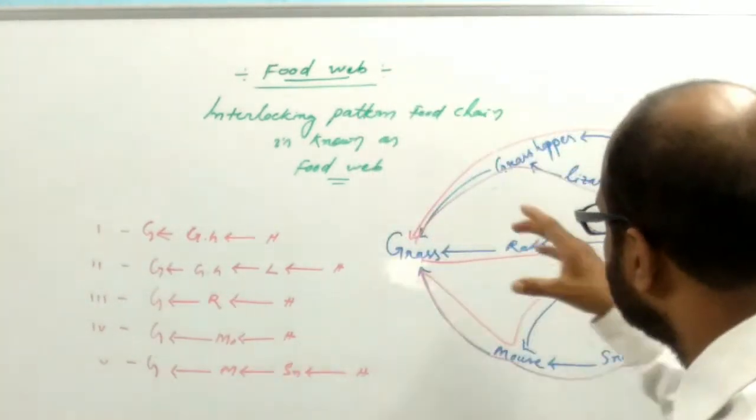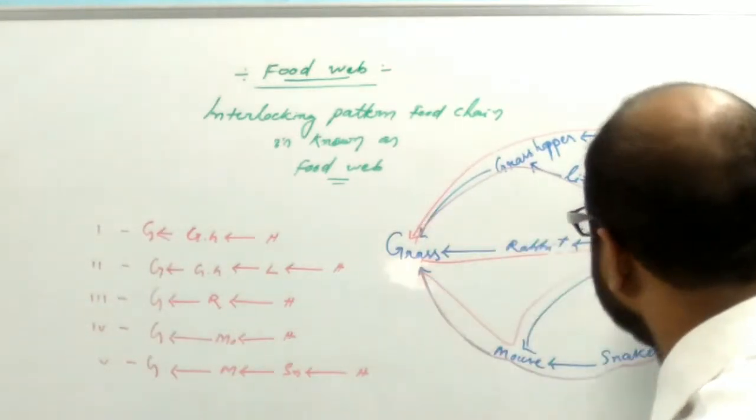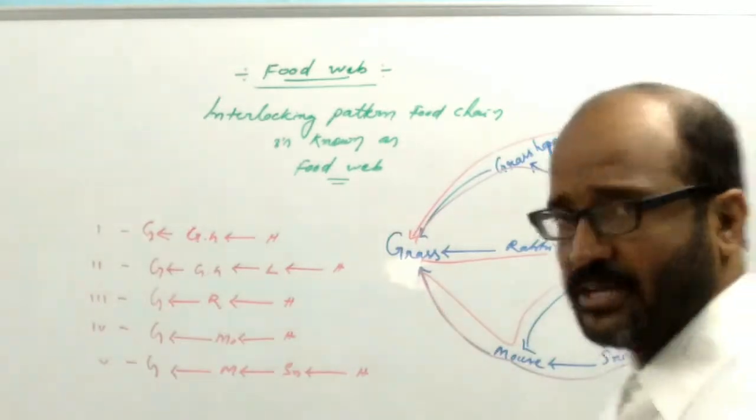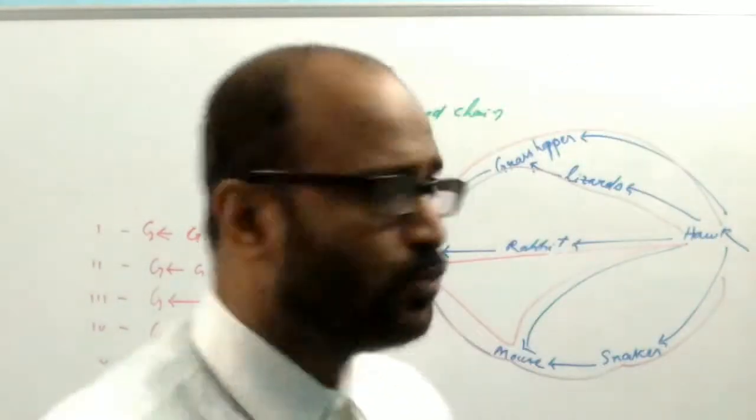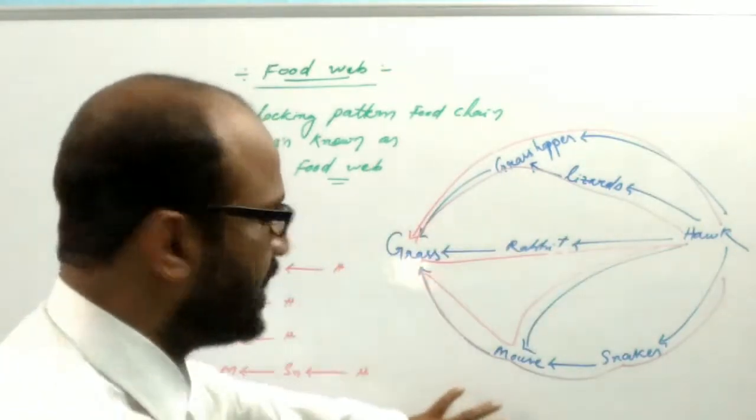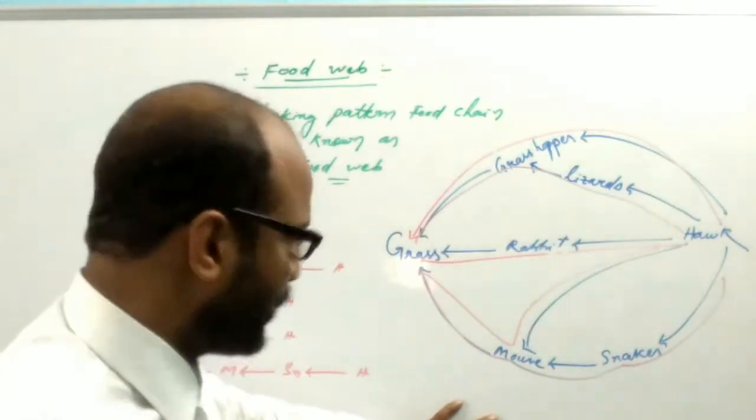The longer the food chain, the greater the successive formation of diversified organisms. So the main two things are the alternative arrangement and the diversification of the organisms.